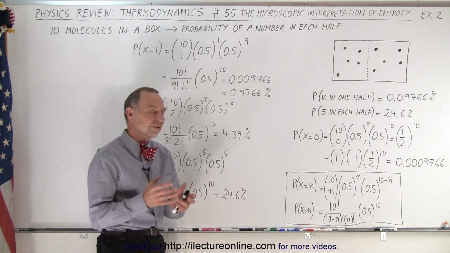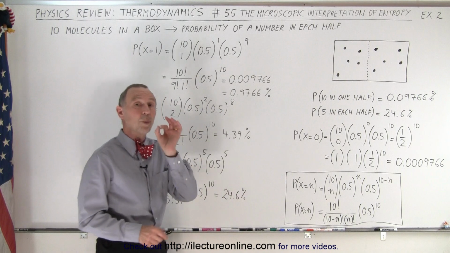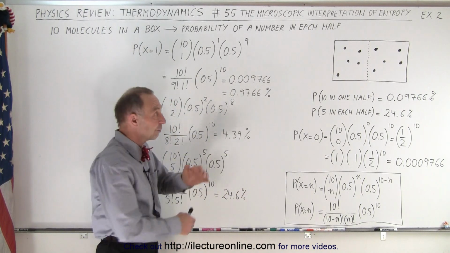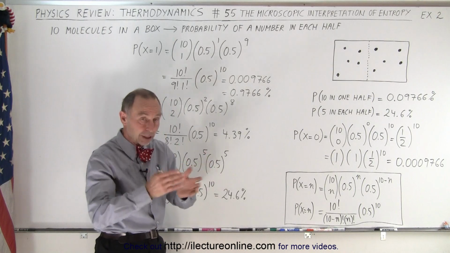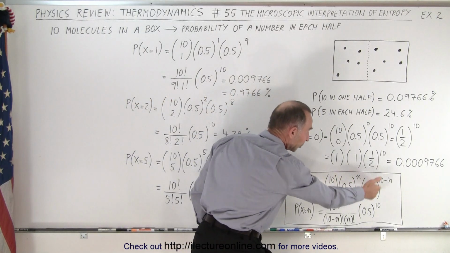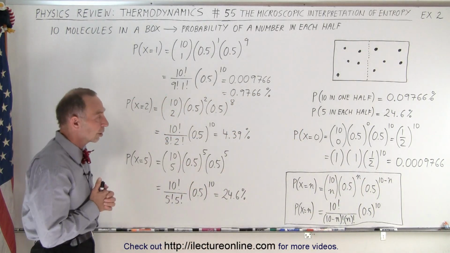Why 0.5 in each case? Because there's a 50-50 chance that one atom will be either on one side or on the other side. Of course, if we were to divide the box into more areas, then this would certainly change. But in a simplistic case, that's what it would look like.